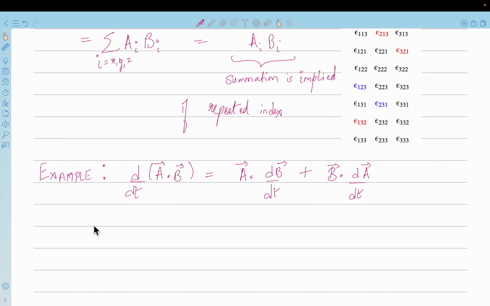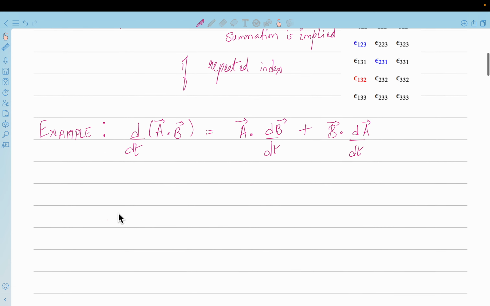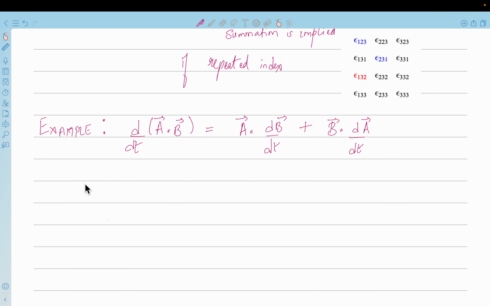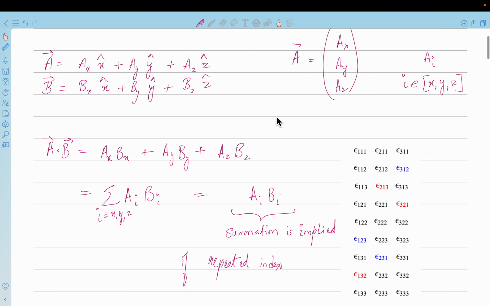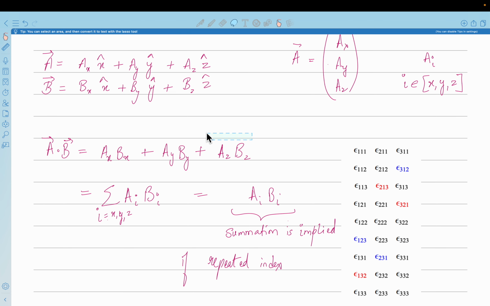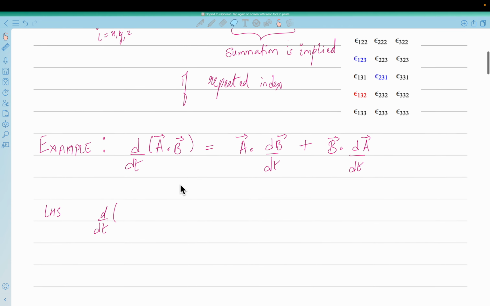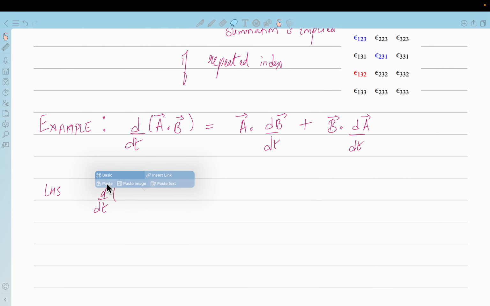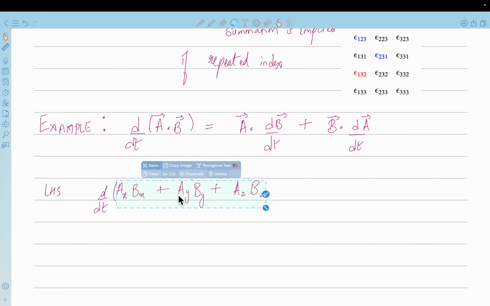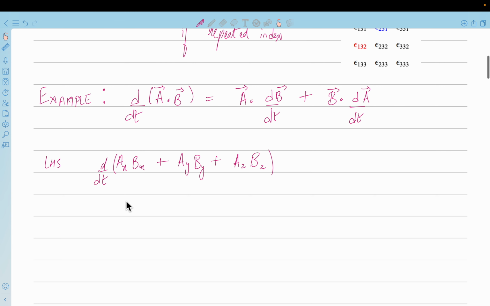Okay, so how do we prove this? Conventionally what you would do is start with the left hand side. So d by dt of this expression, right? So let me copy this expression here. We start with d by dt of this and you apply the chain rule.